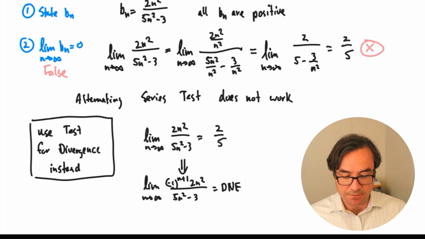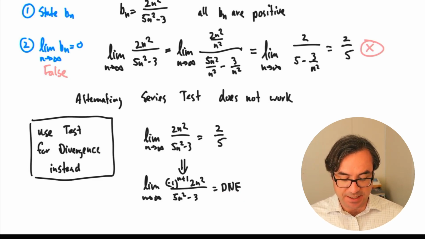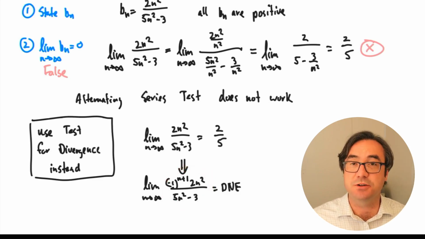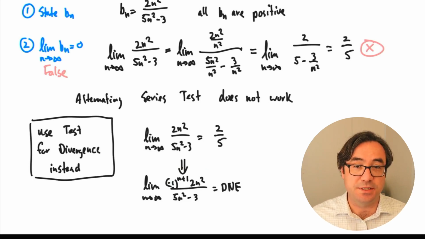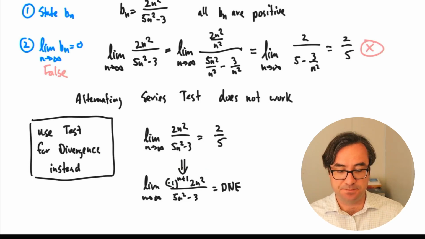And so when we remember back, what the test for divergence says is if we calculate the limit of just the terms in our series, and it's not 0 or does not exist, well then automatically divergent.